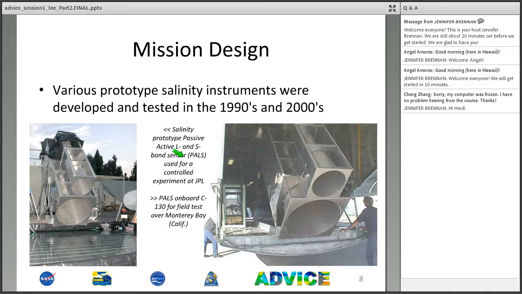Now the PALS sensor has a 1.4 gigahertz L-band radiometer integrated with a 1.26 gigahertz L-band radar. The purpose of the radar is to correct for the surface roughness effect on the radiometer measurements, which is the most important correction needed in retrieving salinity from the L-band radiometer measurements. So there are two major factors that affect the radiometer measurements in addition to salinity, and those two factors are surface temperature effect and surface roughness effect.